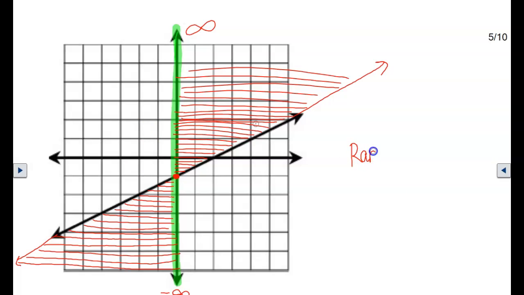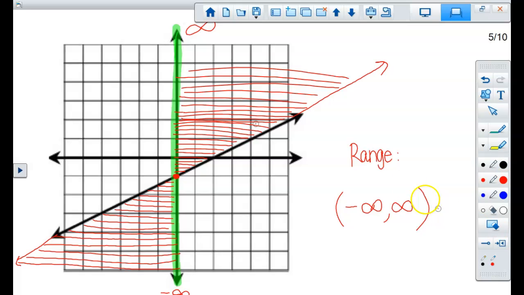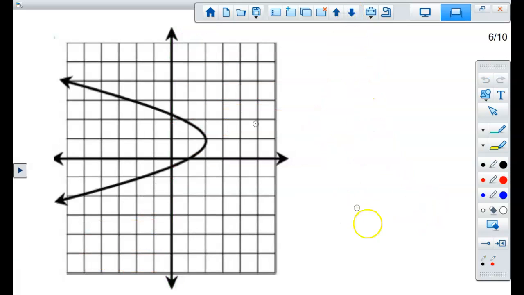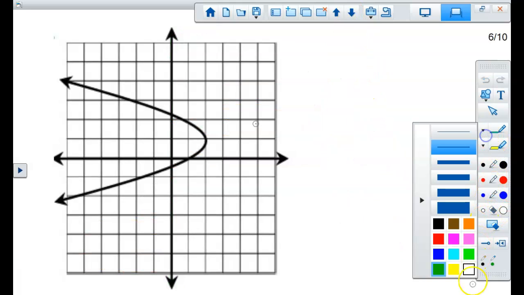So my range is going to go from negative infinity to positive infinity. Goes down forever, it goes up forever. And it would be parentheses. So same strategy, it's just that we're tracing back to the y-axis now instead of to our x.